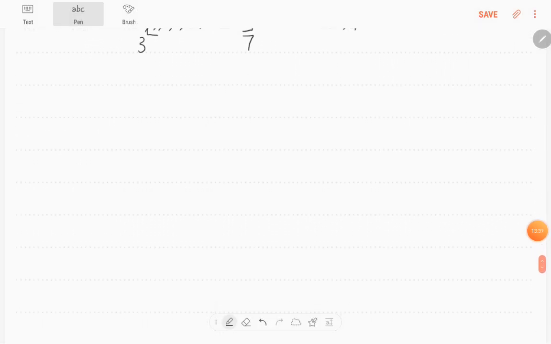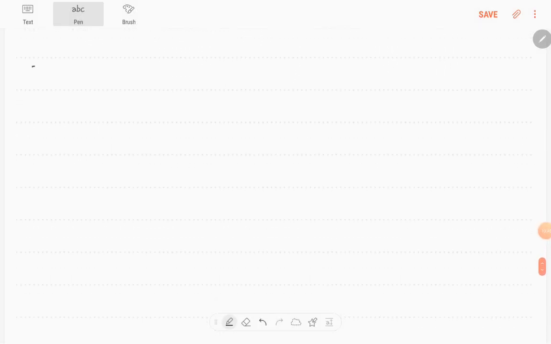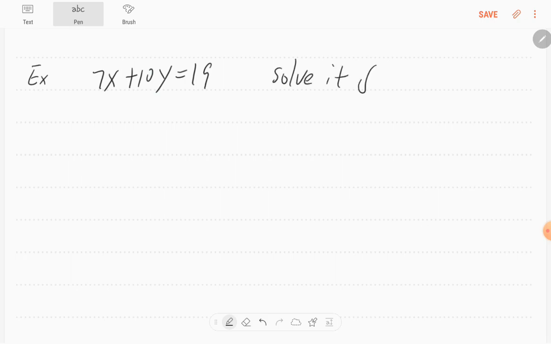Next, we want to solve some formulas for specific variables. Here is one example: 7x plus 10y equals 19. We want to solve it for y. In other words, we treat x as a constant and y is the variable.